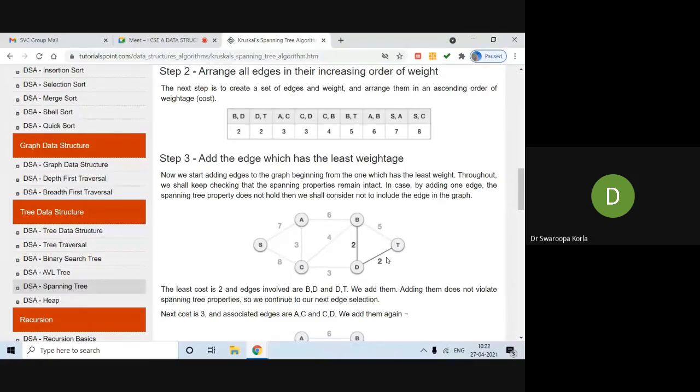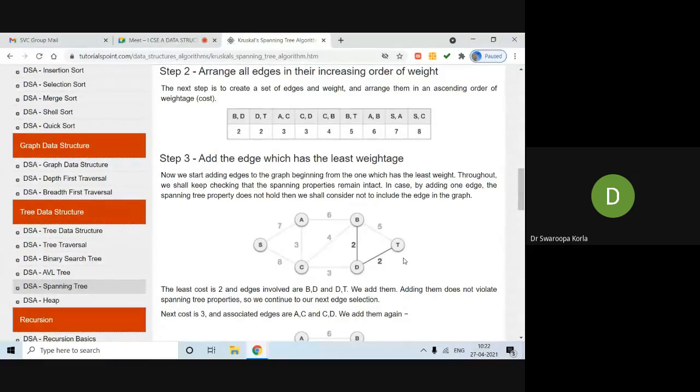We should not forget the basic properties, right? So B to D, and later the minimum value is D to T. Shall I connect? Yes, I can connect, because by adding D to T I am not forming any cycle here. So add B to D, D to T.